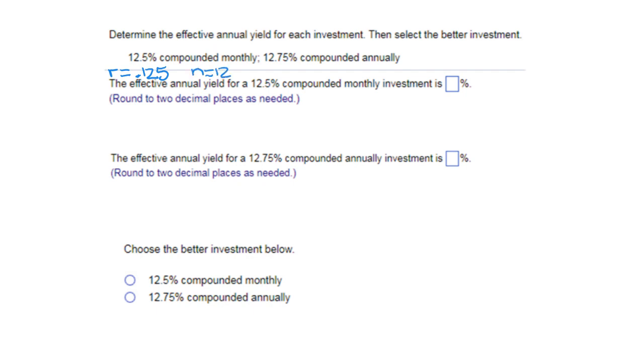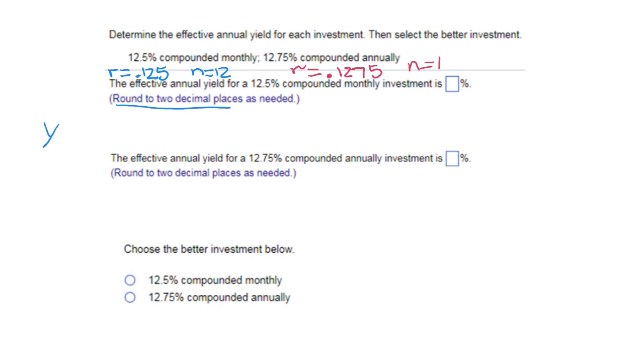The second investment is 12.75%, so R is decimal 0.1275. Compounded annually means N is equal to 1 time a year. We're going to look at the first one and find the effective annual yield. It's asking us to round to 2 decimal places as needed.